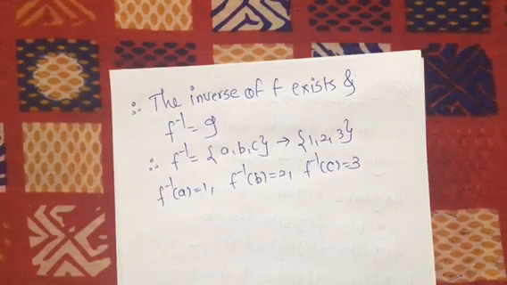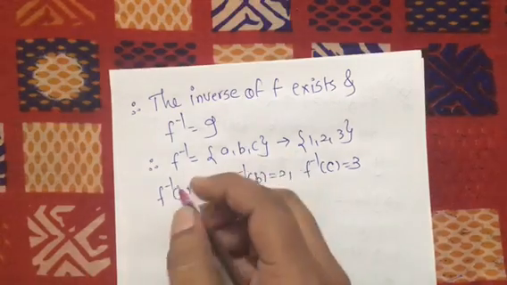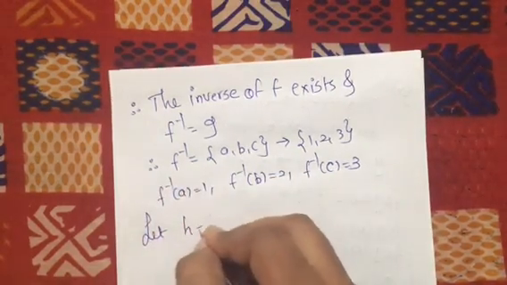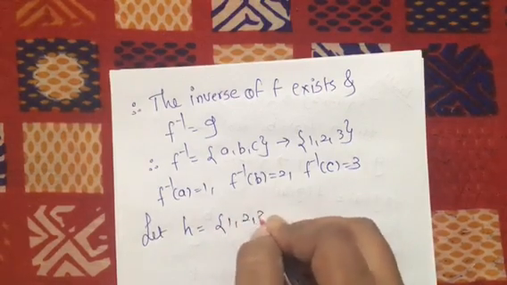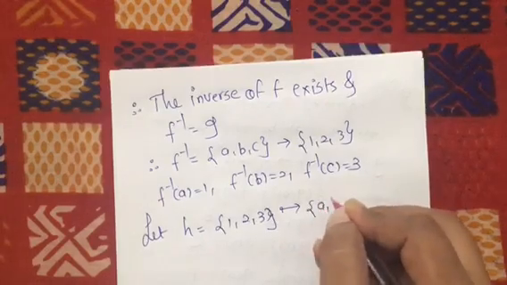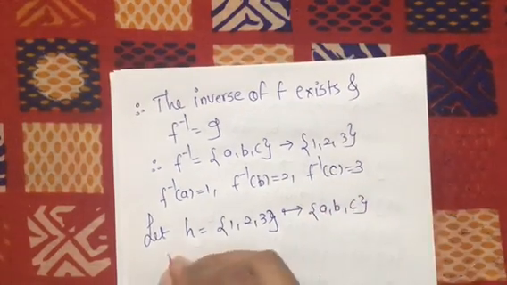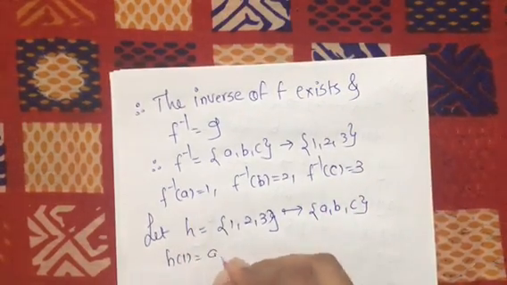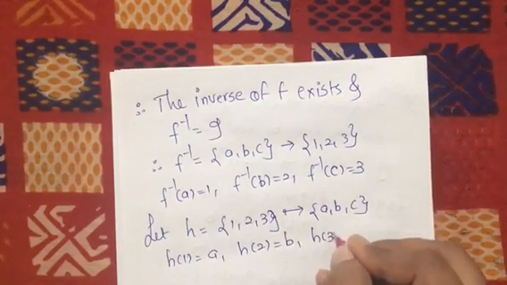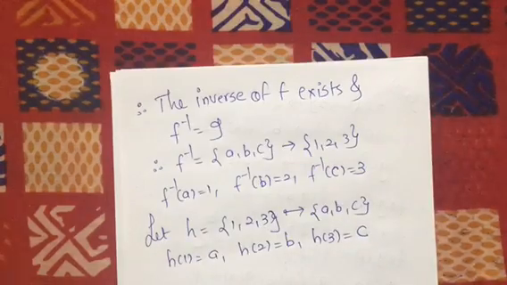Okay, so let h be a function from {1, 2, 3} to {a, b, c}. Therefore h of 1 is equal to a, h of 2 is equal to b and h of 3 is equal to c.